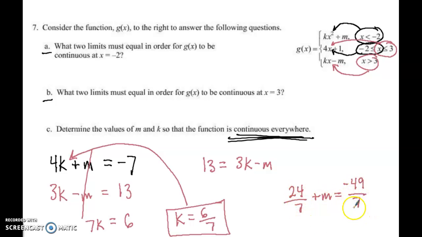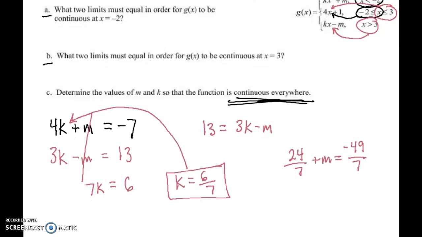So all I need to do now is subtract 24 over. So m will have to equal, what's that? 20 would be 69, so 73/7. I'm going to double check my math. I'll come back. And yeah, I'm fairly confident in that answer.